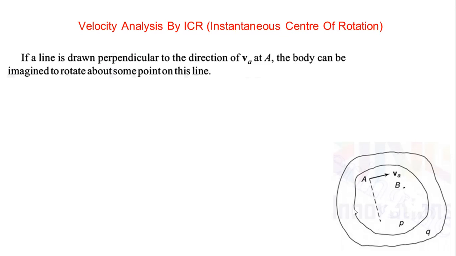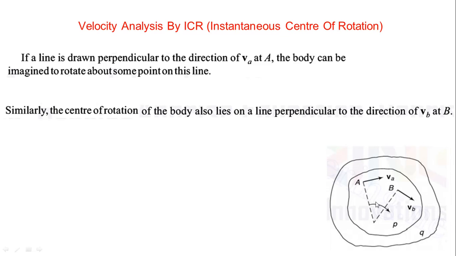Now if you draw a line perpendicular to the velocity vector of point A, lying on body P, then on this line, at some point, the body can be said to rotate with a constant angular velocity. On this line drawn perpendicular to the velocity VA, there may be some point about which body P is rotating with constant angular velocity.